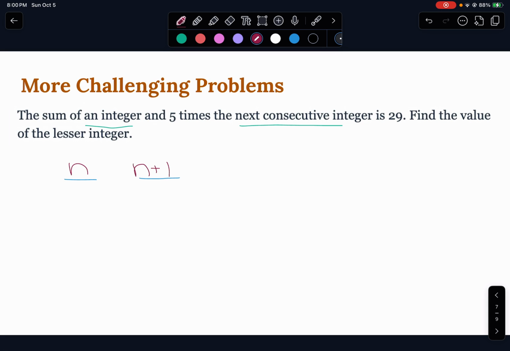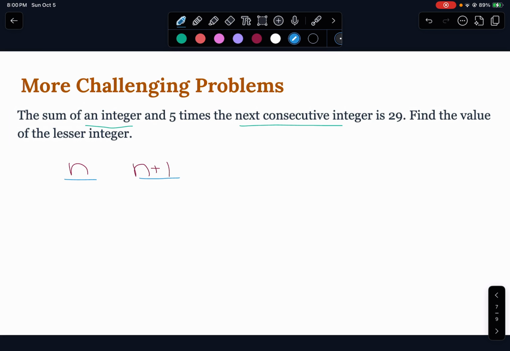Well, now I need to decode what this problem is asking. So I have my 2 expressions, or my 2 integers, and I'm told that the sum of an integer, so the regular integer is n, and I know sum means to add, and 5 times the next consecutive.